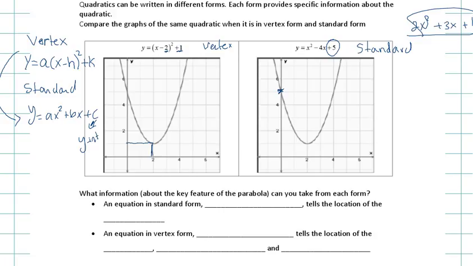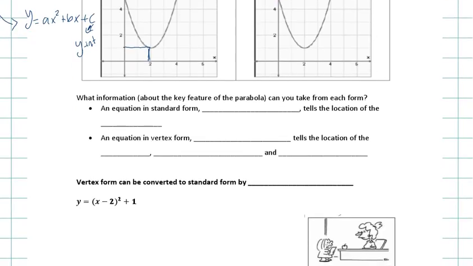Okay? So let's look at the equation. An equation that is written like this, y equals ax squared plus bx plus c, tells me the location of the y-intercept, which is the value of the letter c.